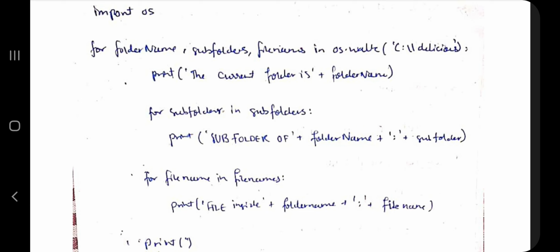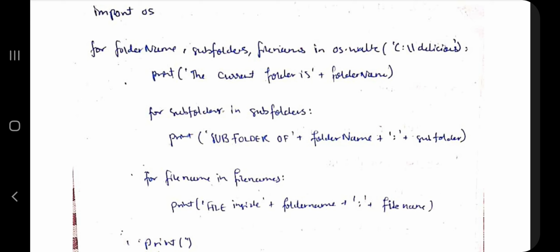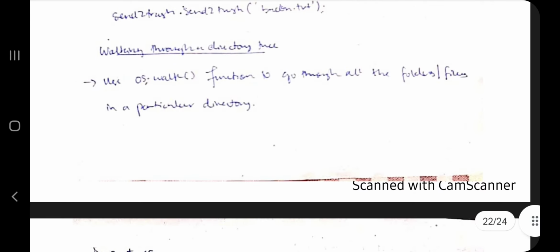Inside that, it will go to each subdirectory, and inside each subdirectory it will have subfolders, and inside each subfolder it will have files. By using this for loop, we ensure that we have traveled to each file and made the changes. Okay. So this is done by using the module os, and the function name is os.walk.